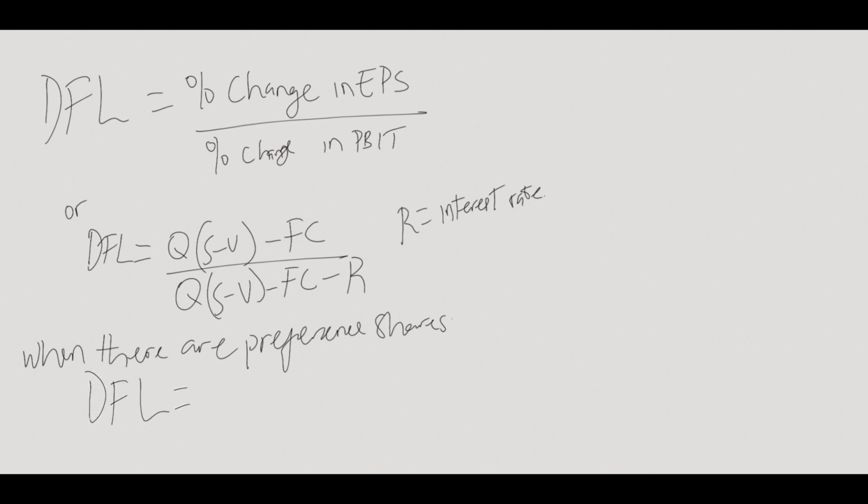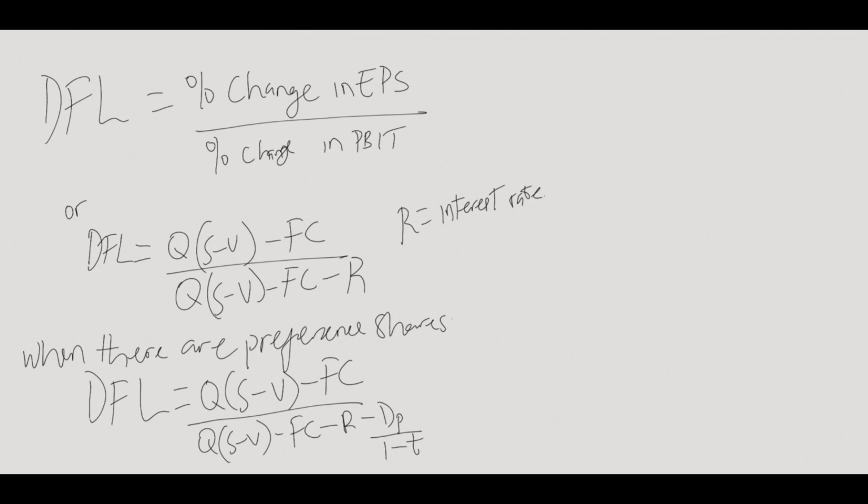So that's DFL equals Q into S minus B minus FC divided by Q into S minus B minus FC minus R minus DP divided by 1 minus T, right?